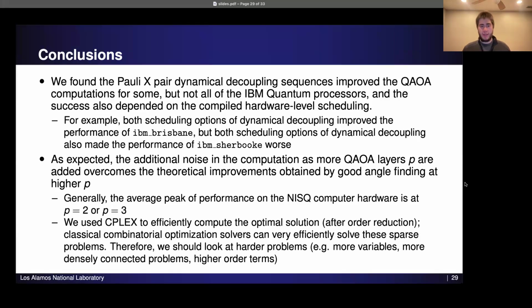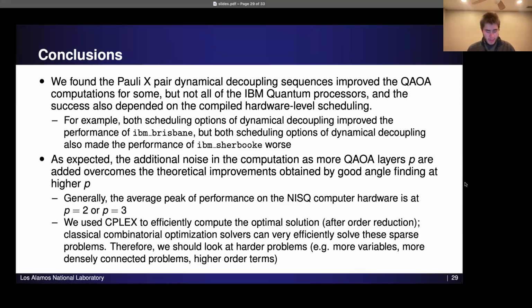And we used CPLEX to compute all of the optimal solutions after order reduction for all of the problems. So, this means that classical combinatorial optimization solvers can very efficiently solve these problem types, which again, is not particularly surprising because of how sparse they are. So future studies should also look at harder problems, meaning more variables, more densely connected, and or higher order terms.